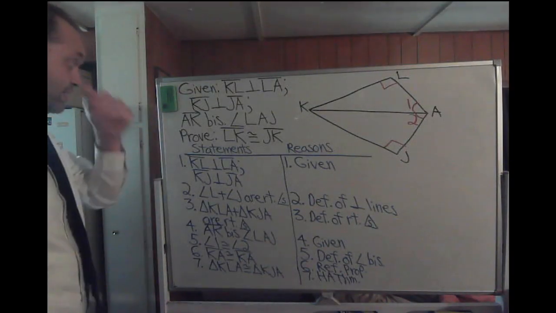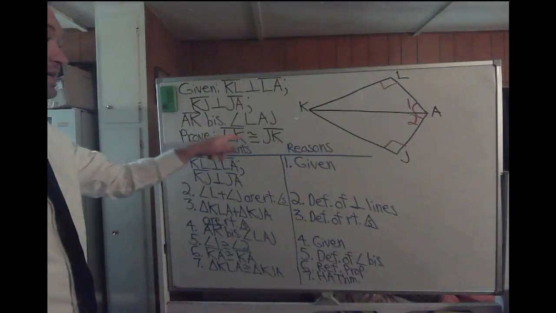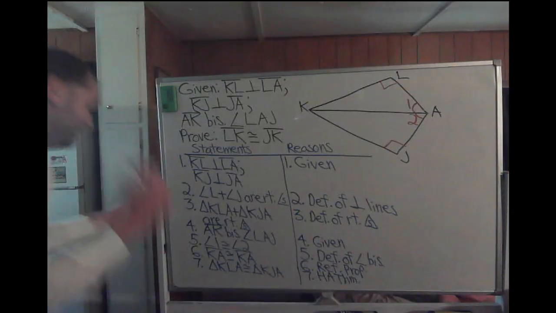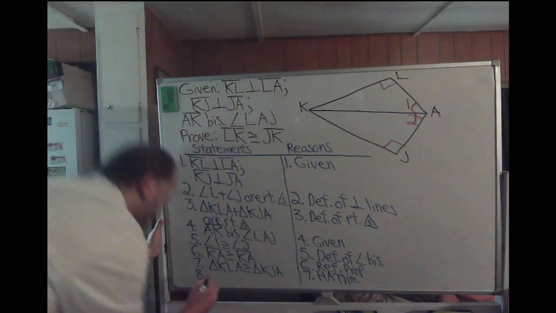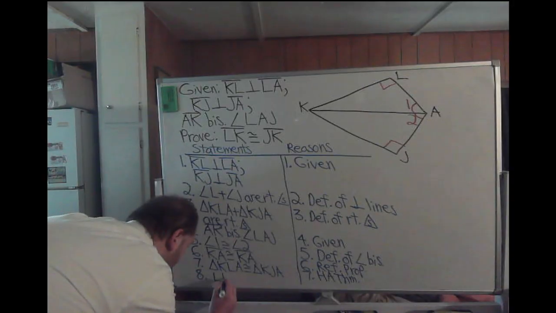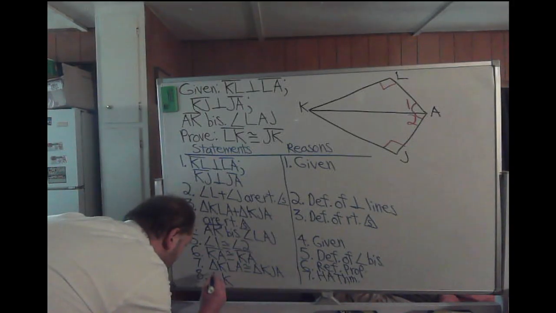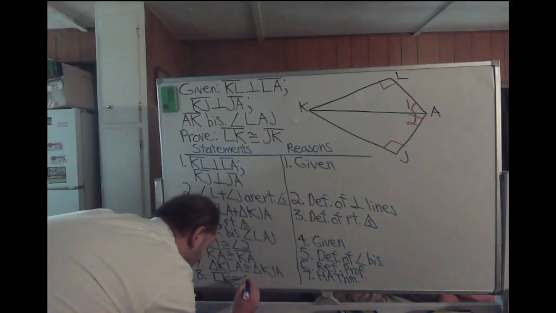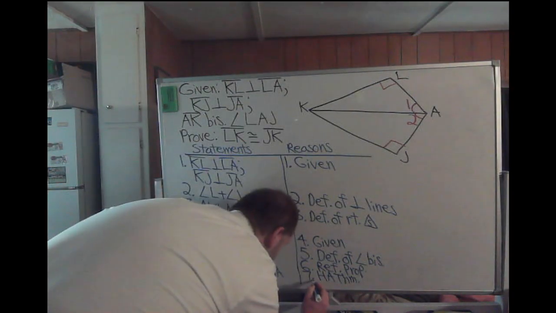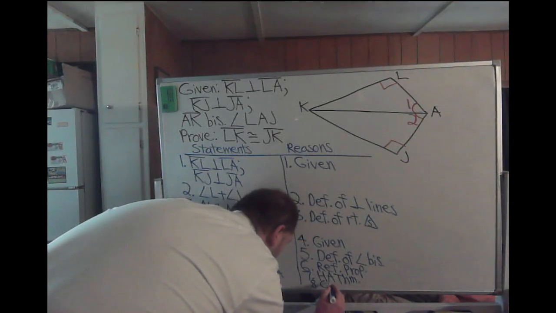So now all that's left to do is prove that LK is congruent to JK by CPCTC. So step 8, LK is congruent to JK by CPCTC. That's a fun one.